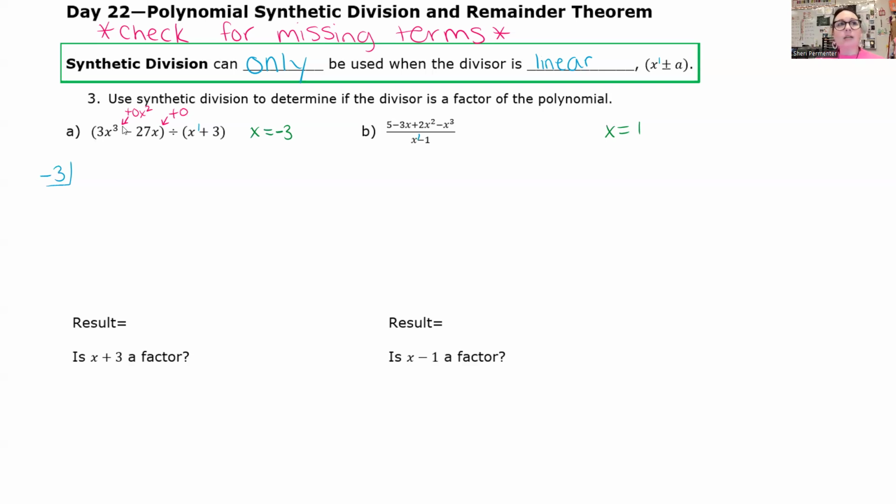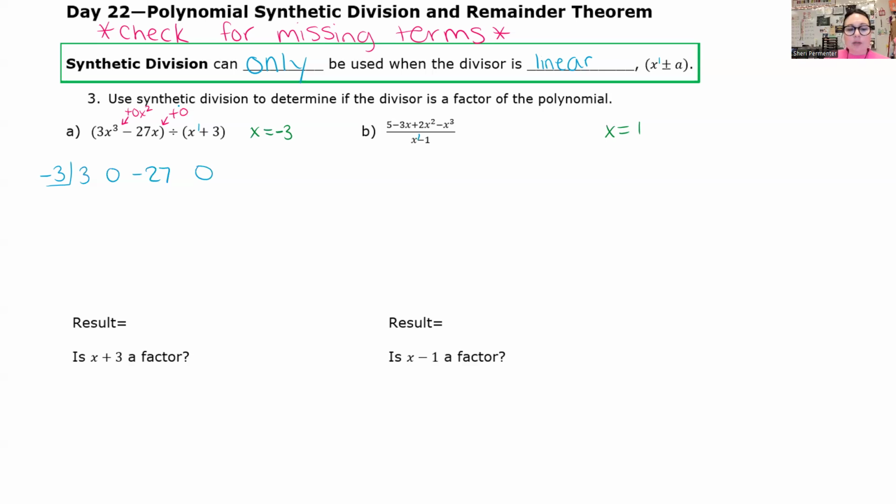So what I'm going to write down is 3, 0, -27, and 0. I'm leaving off the x's. It's going to look like this: 3, 0, -27, 0. I'm just putting the numbers, no variables.